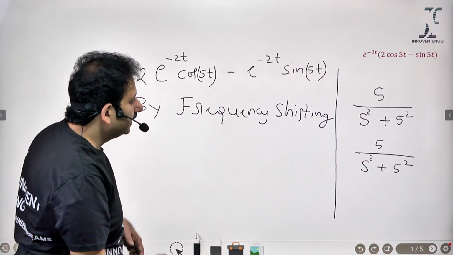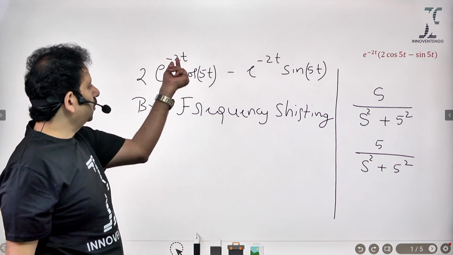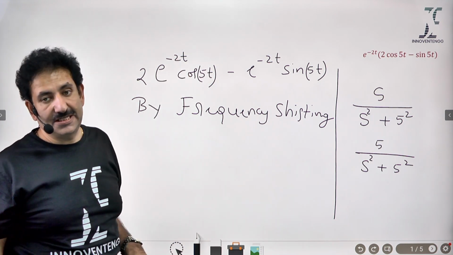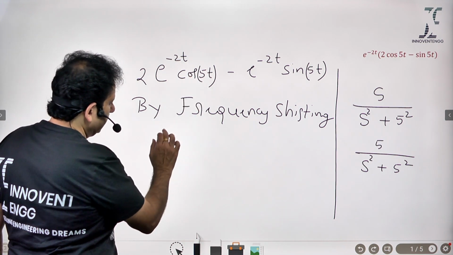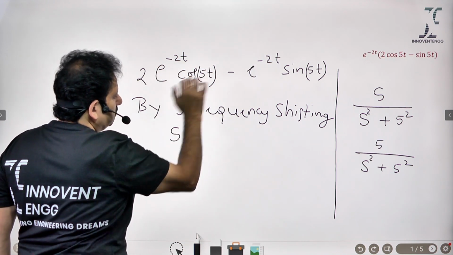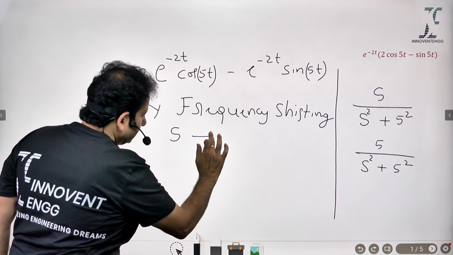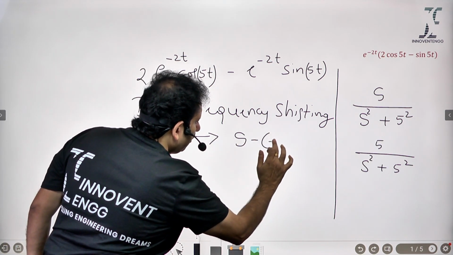That frequency is actually increased or decreased depending on the coefficient of t in the exponential term. So now by frequency shifting, what happens here? Yes, for both the terms, since it is minus 2 and minus 2 for both the terms, S is going to be replaced by S minus 2.